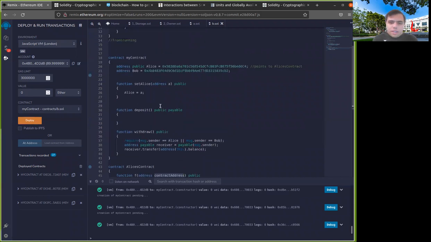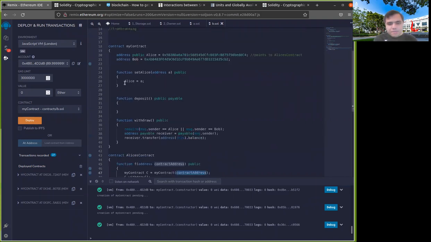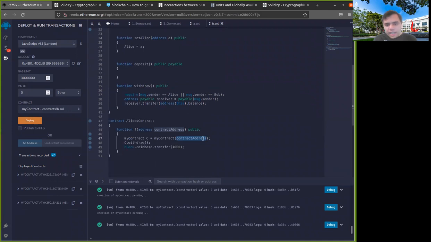So in this case, it helps the compiler that I have put the code of both of these contracts in the same file. So if I had some parameters here in the withdraw function, the compiler could also know what kind of typecasts it has to do. But generally, we don't need this information, right?